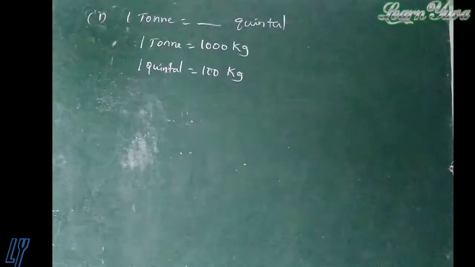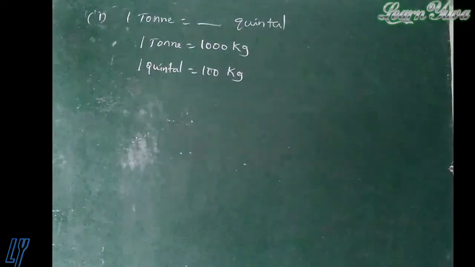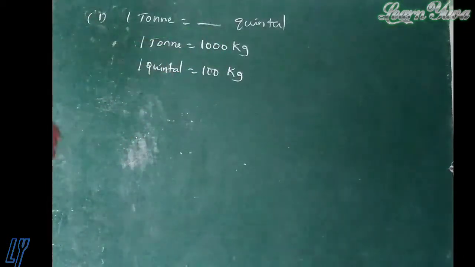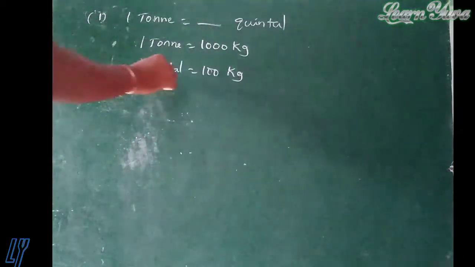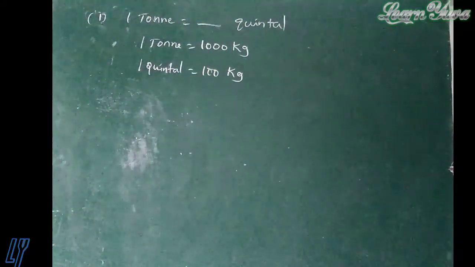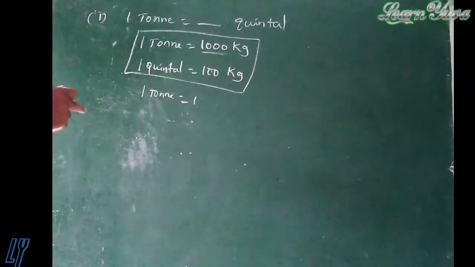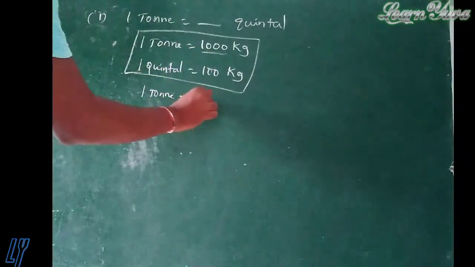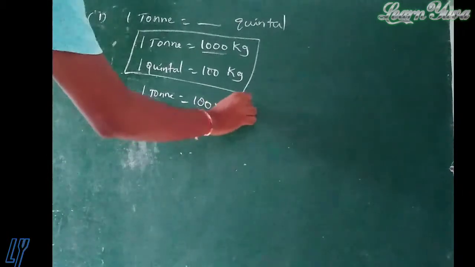So convert ton into quintals. 1 ton is equal to 1000 kg, which can be written as 100 into 10 kg.